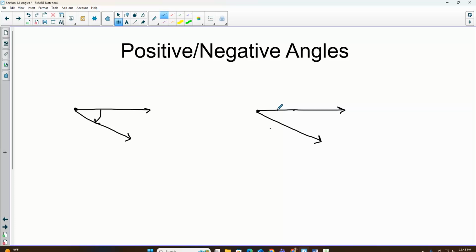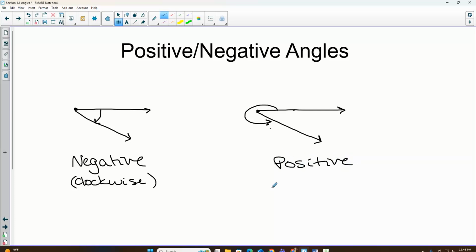Yeah. Going around like that. This first one that I drew is a negative angle. Okay, it goes clockwise. So if you're moving clockwise, that's considered a negative angle, and a positive angle is counterclockwise.